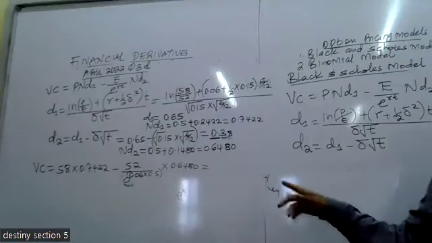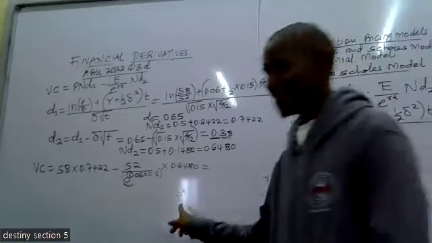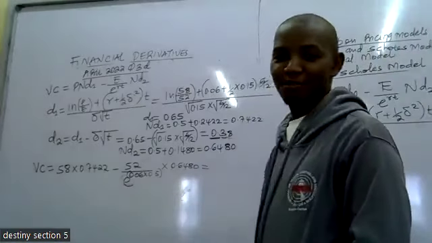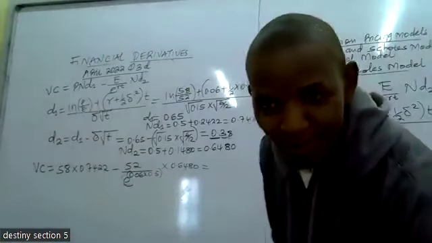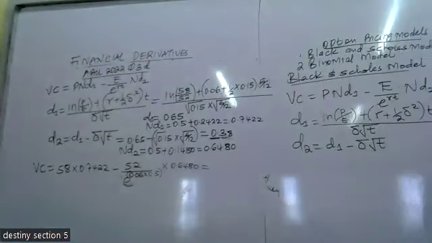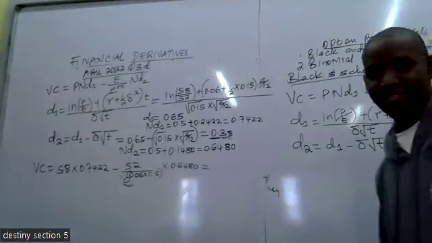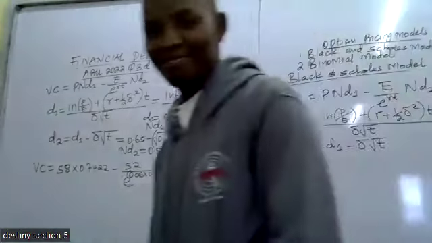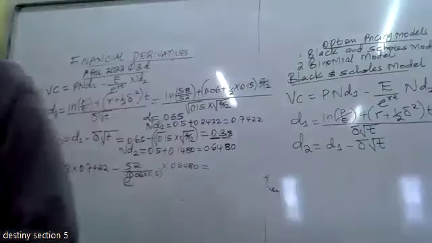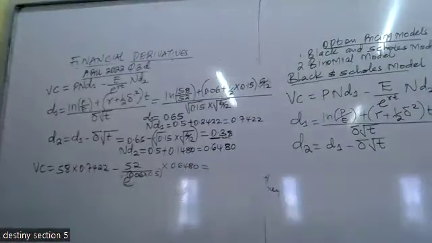How much have you gotten here? Those who are getting negative, negative 20.40. Others are getting how much? 10.35, 10.347. Let's shift and then exponential.